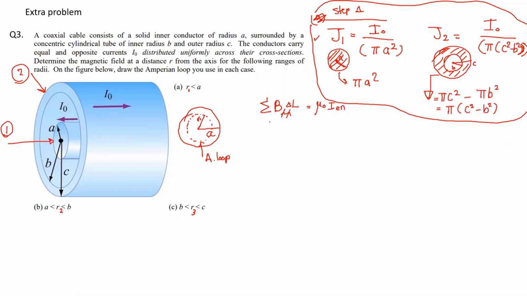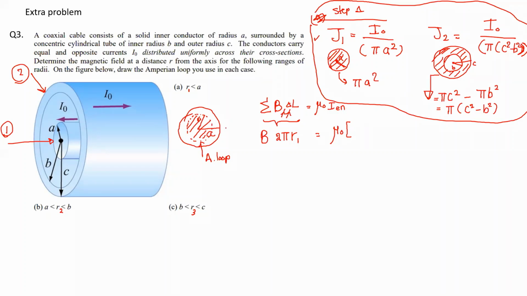And this part of the equation will be B times the circumference of the Amperian loop, 2 pi R1. And in this side, we should have the total current inside the Amperian loop. How to find it? How to find the total current enclosed? You multiply the current density by the area, right?